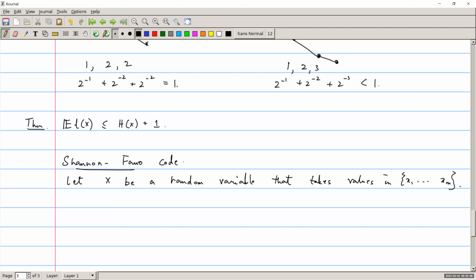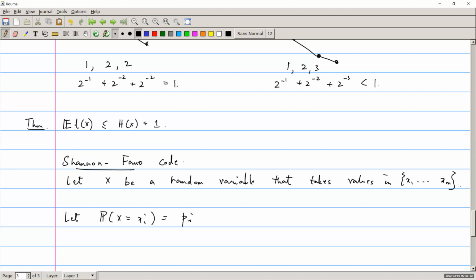With just finite is technically easier, so we just look at the finite case. So x is a random variable that takes values in this set x1 through xn. Once again, let the probability that x equals xi equal pi.